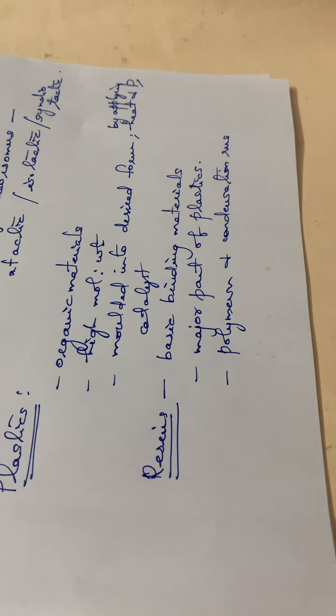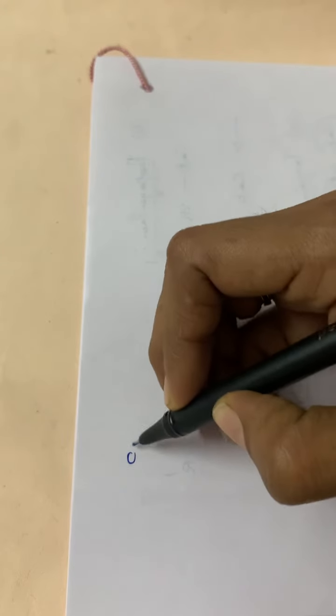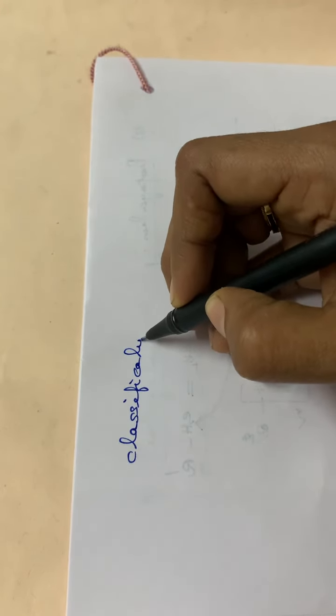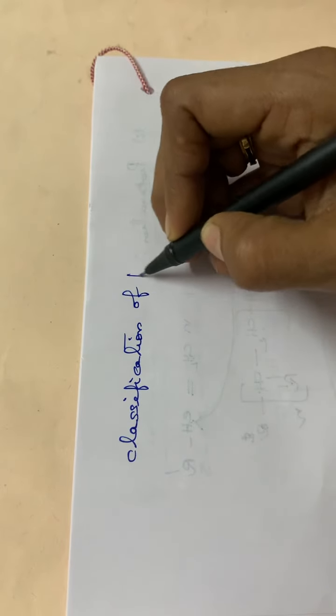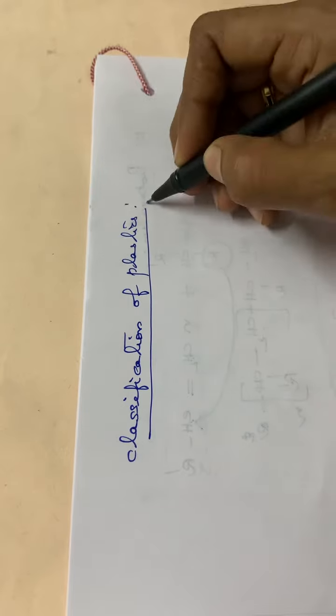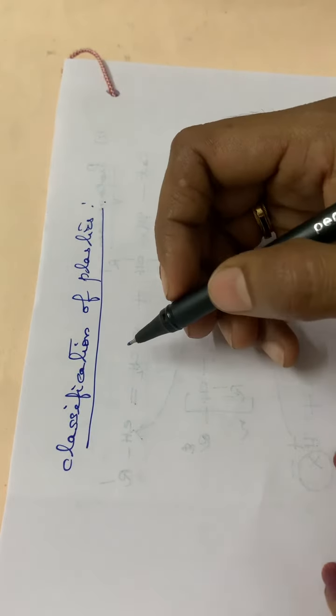Then the next is classification of plastics. It is very important. Classification of plastics: two types.